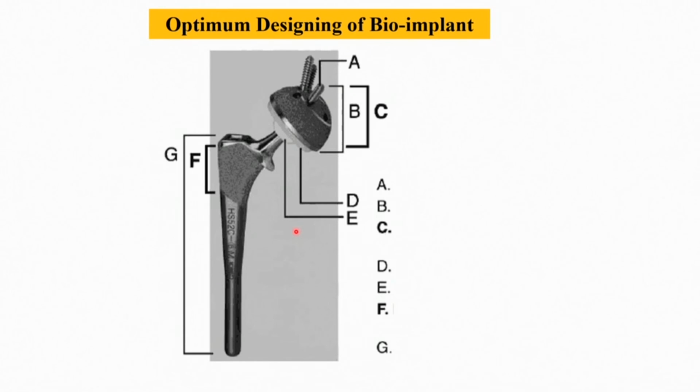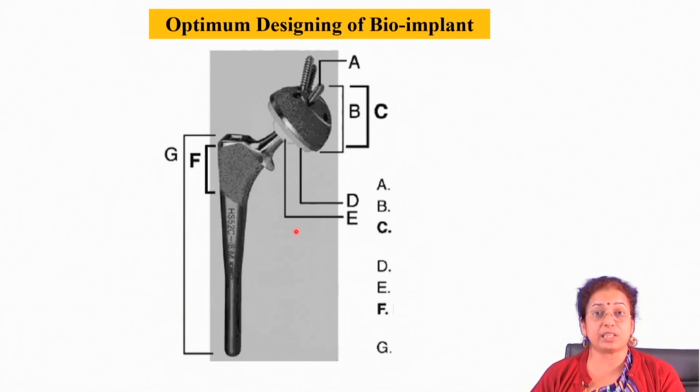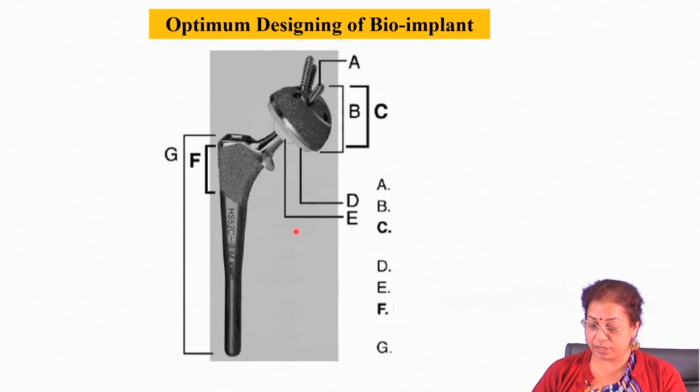So, whenever you deposit any layer on the surface of any substrate for a specific application, it is very important that you characterize it properly, as well as do testing in different environments to know the performance of the coating in the given environment.